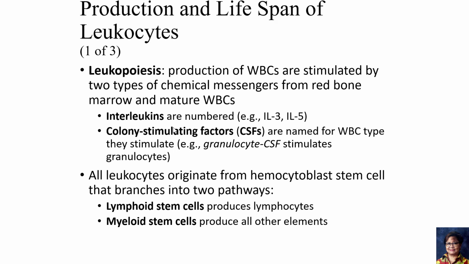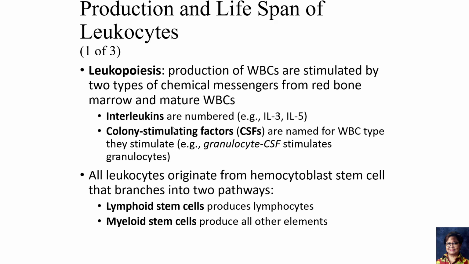And usually the prompters are the interleukins, interleukin 3 or 5, and some colony stimulating factors that help it identify exactly how it's going to differentiate. So the colony stimulating factors are named after the white blood cell type. For instance, the granulocyte stimulating factor would stimulate it to become a granulocyte.